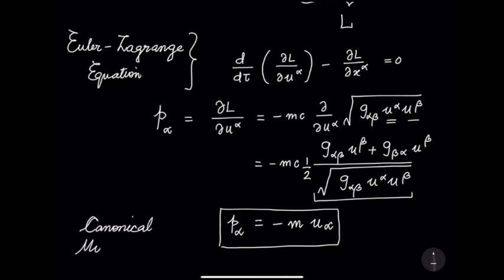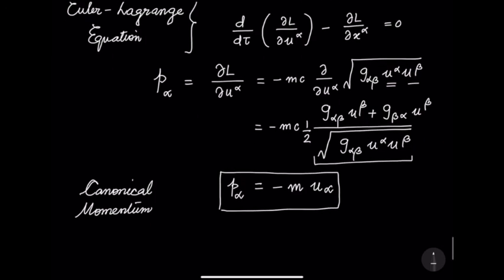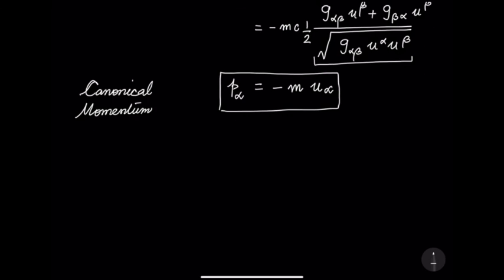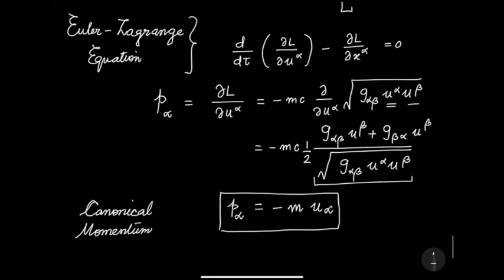It's a one form. You can construct the corresponding components of the vector. And the Euler-Lagrange equation. So what happens to the Euler-Lagrange equation? Let us write it down here itself. It is very straightforward. You see that I have to take a derivative with respect to tau of p alpha, which will tell me that w alpha equals 0.